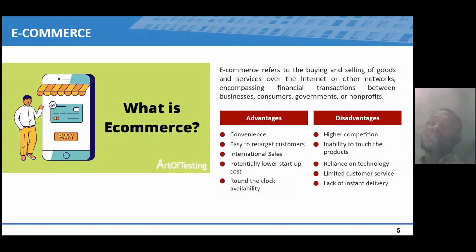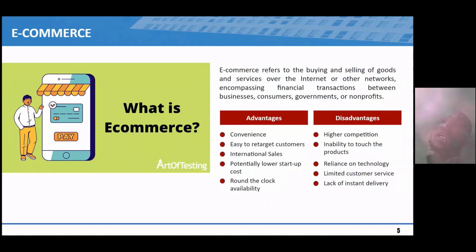Now the next is lack of instant delivery. This is also a very big problem in the e-commerce space. You order a product and you are told, okay, we'll get it to you in 2 working days, but eventually you receive it maybe 1 month later. So this is an issue.